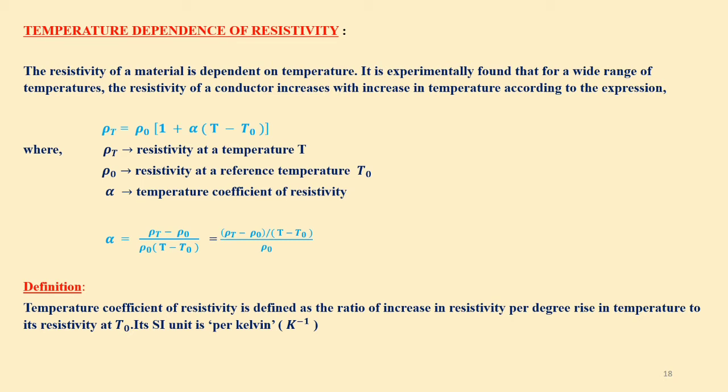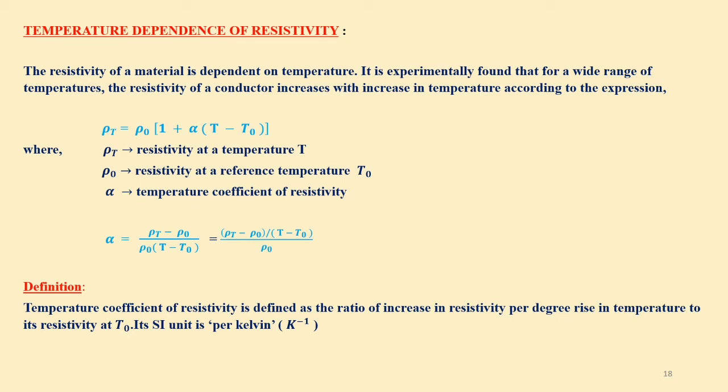Now you look at the numerator, that is rho T minus rho naught, the increase in the resistivity, divided by T minus T naught. So the entire numerator is now called the increase in resistivity per degree rise in temperature, and the denominator is rho naught, which is the resistivity at the reference temperature T naught.